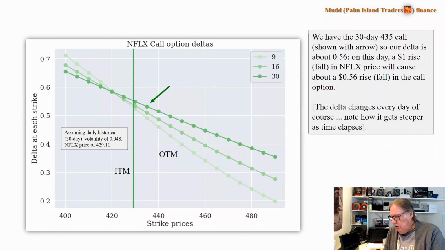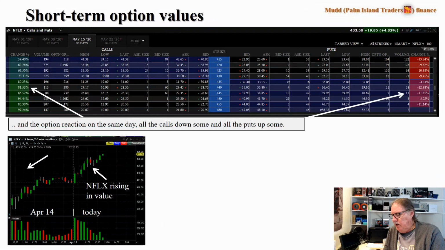So, continuing on, this implies, therefore, that when you take this 0.56, that is what explains this. That's primarily where the explanation comes from for why the call column is green and why the put column is red.